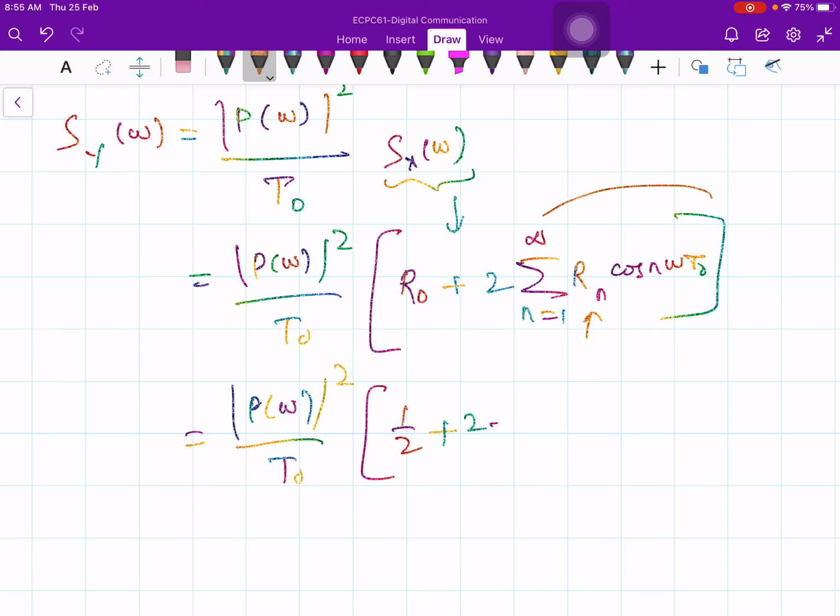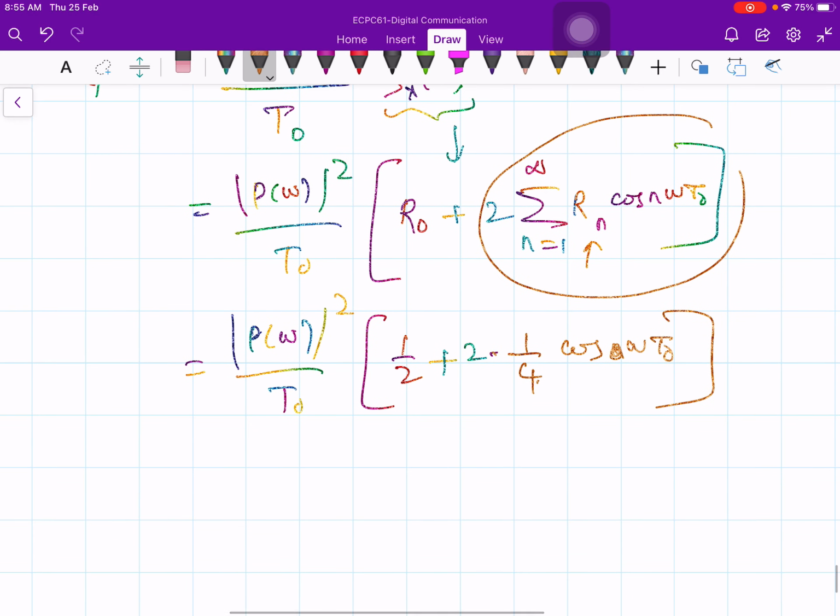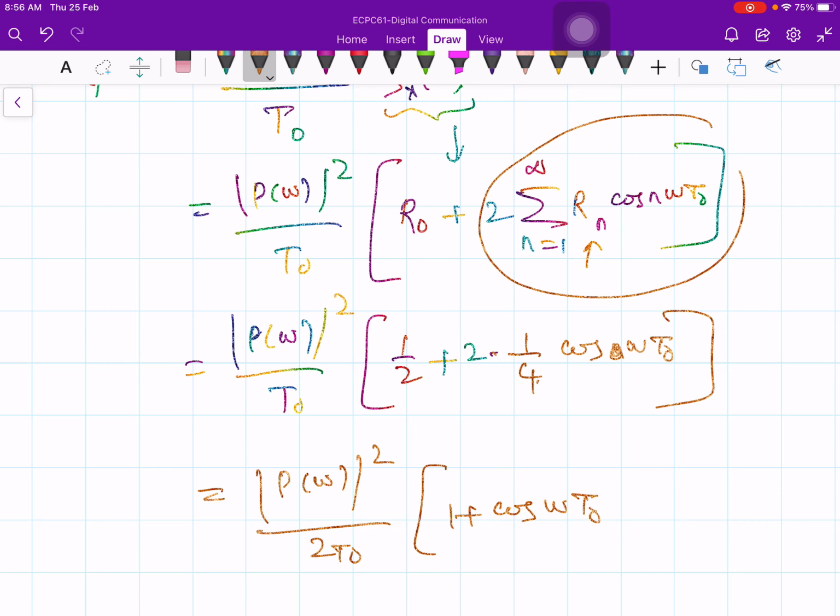Okay, in this only one non-zero value, that is R1, therefore 2 times 1 by 4 cos of omega T0. Again, if we simplify this, P of omega squared mod squared divided by 2 T naught times 1 plus cos of omega T0.